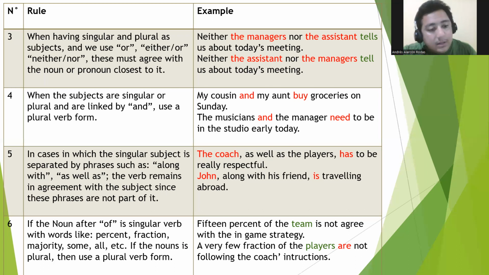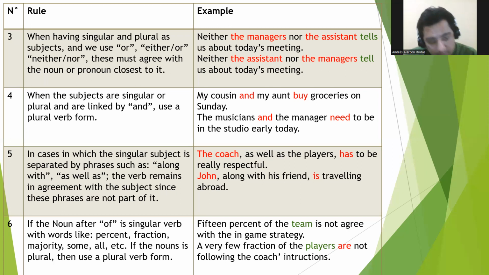Okay. And the last one, rule number 6, the sixth rule: when the noun after of is singular, use a singular verb with words like percent, fraction, majority, some, etc. If the noun is plural, then use a plural verb form.